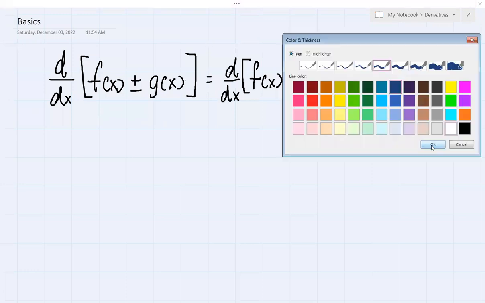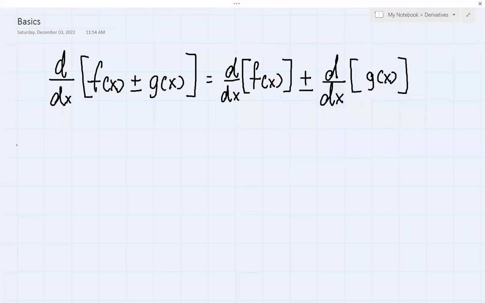So let's have another example. Let's say the derivative of 5x minus 2, raised to 2. This is expandable, so we can expand it.